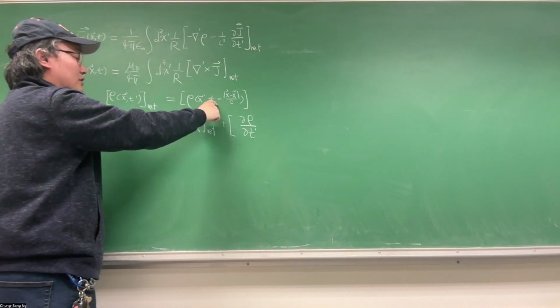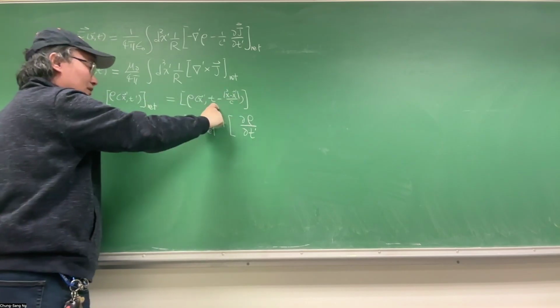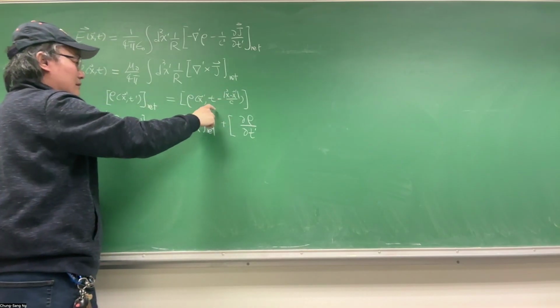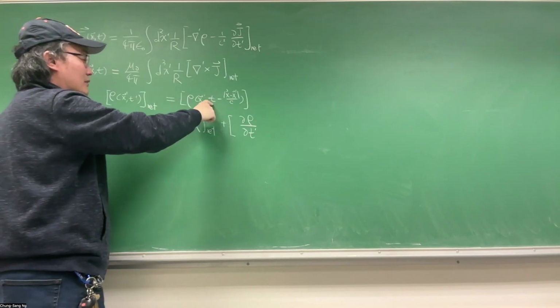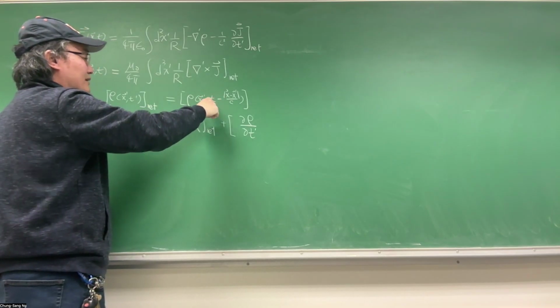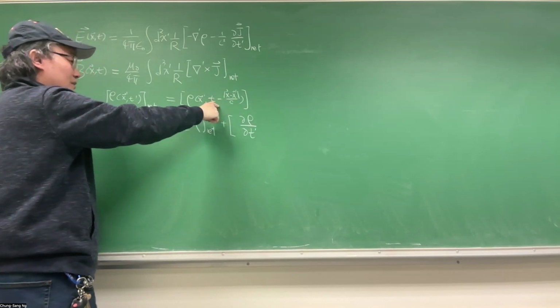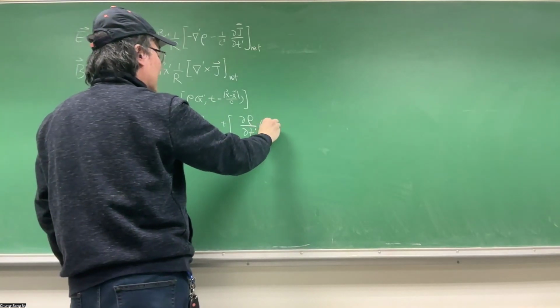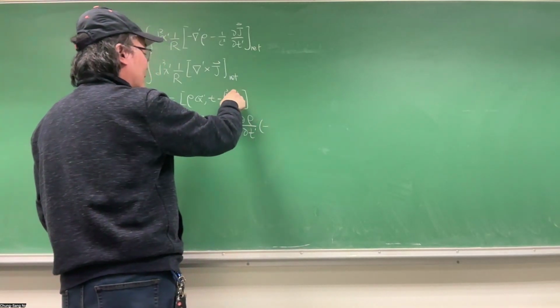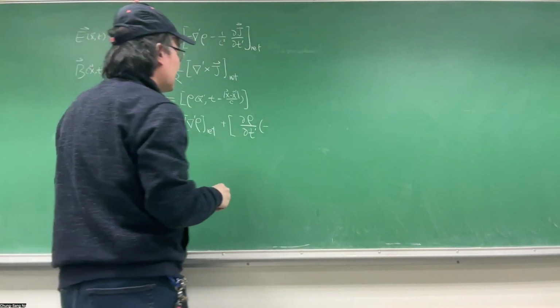Then you use the chain rule: the derivative over the argument, and then the derivative over x prime. t doesn't have x prime, so that's fine. You're taking just the second term of the second argument. So that would be a minus, and taking the gradient of x minus x prime.